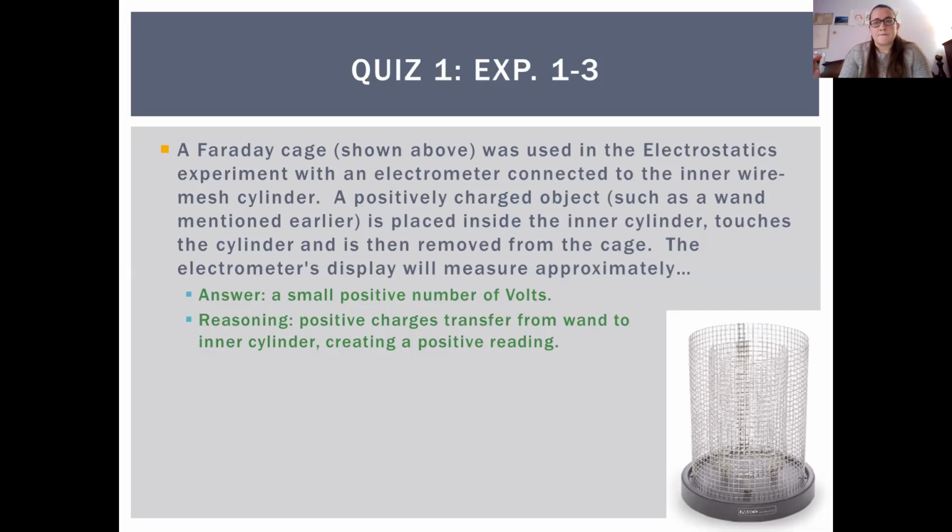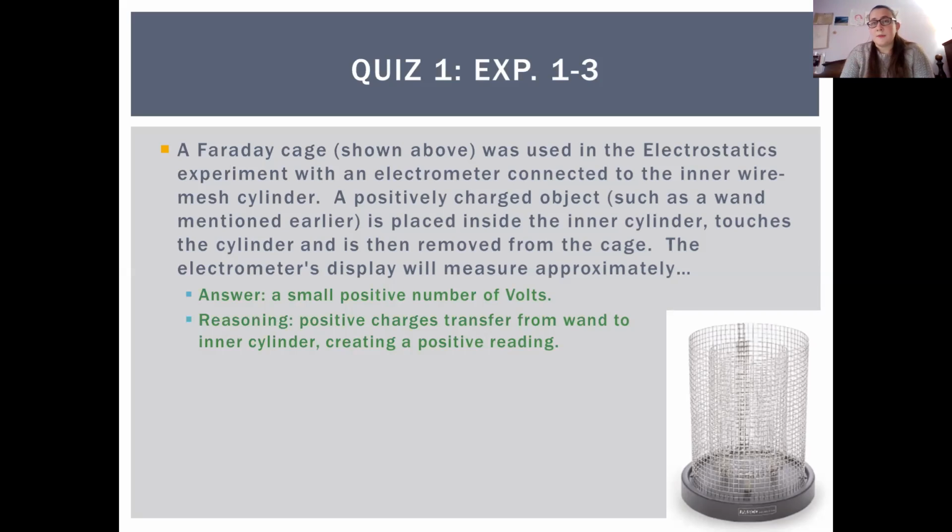So if we put the positively charged wand inside that inner cylinder and then touch the cylinder and remove it from the cage, we end up with a small net positive charge inside the cage that the electrometer will then read as a small positive number of volts.